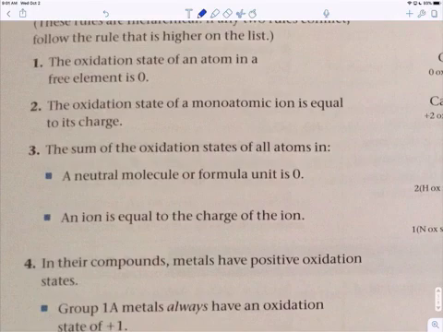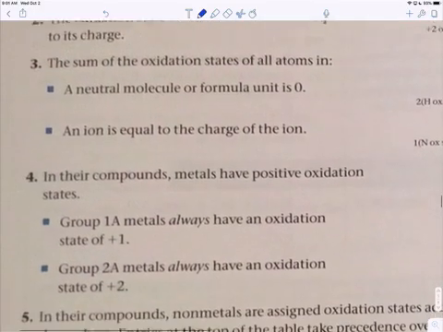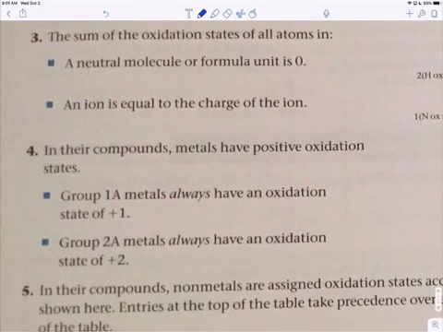So oxidation states do matter, and they change the chemical and, in certain cases, biological issues dependent on the oxidation state. Okay, so here are the rules. Free element is 0. Monatomic ion is its charge. The sum for a neutral molecule is 0; for an ion, it equals the charge.